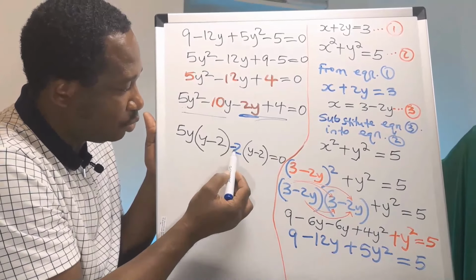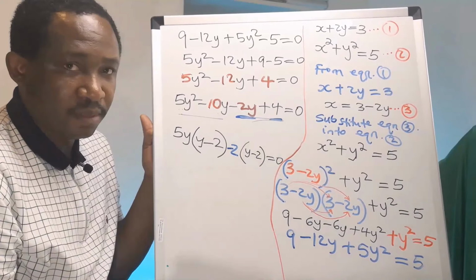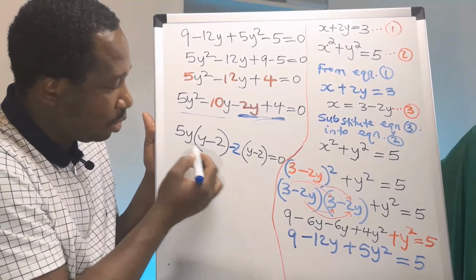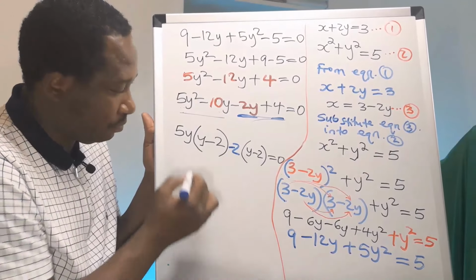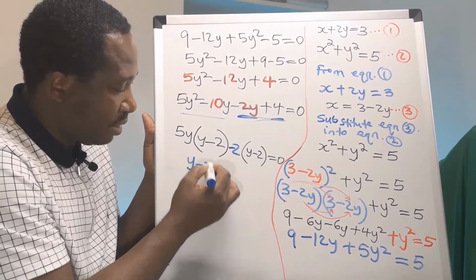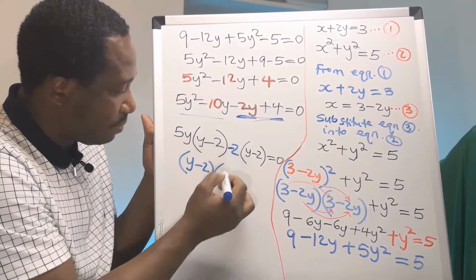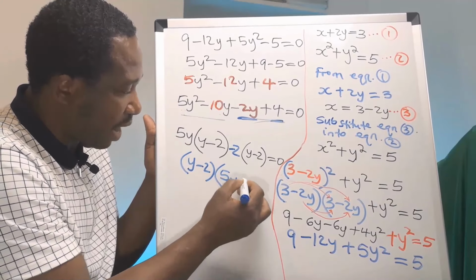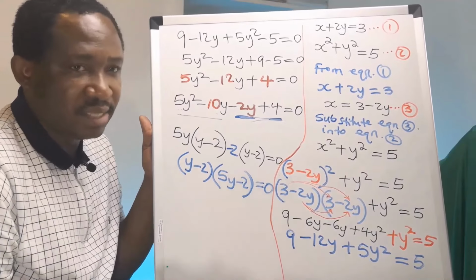And minus 2 times minus 2 will give you plus 4. Next, we are going to take one of these brackets because they must be the same. So that I will have y minus 2 in bracket, and anything that is outside the bracket, which is 5y minus 2. This is equal to 0.